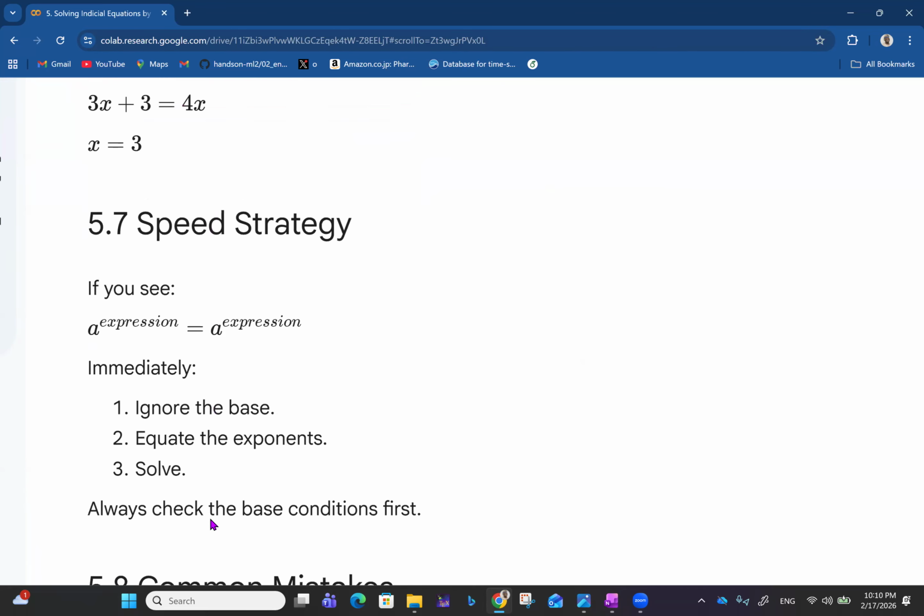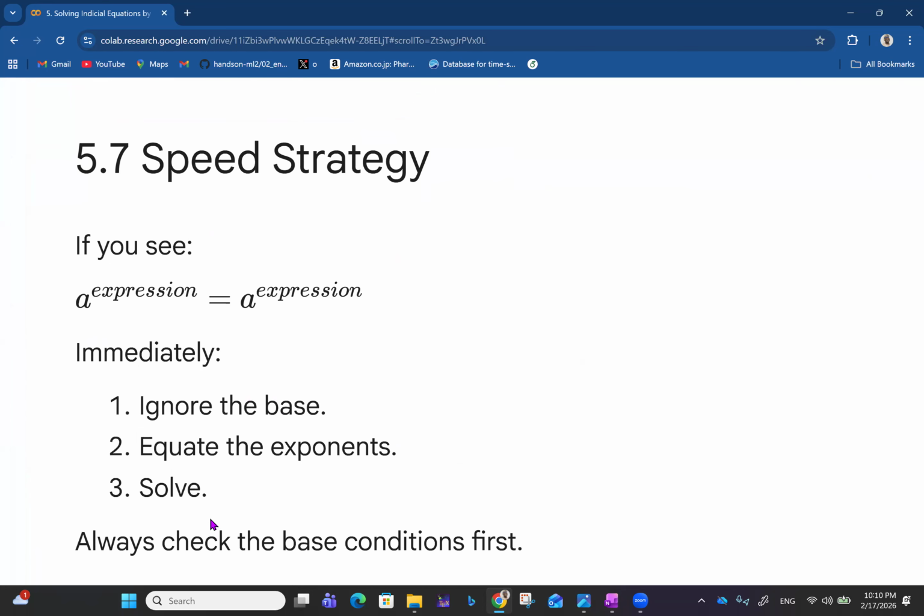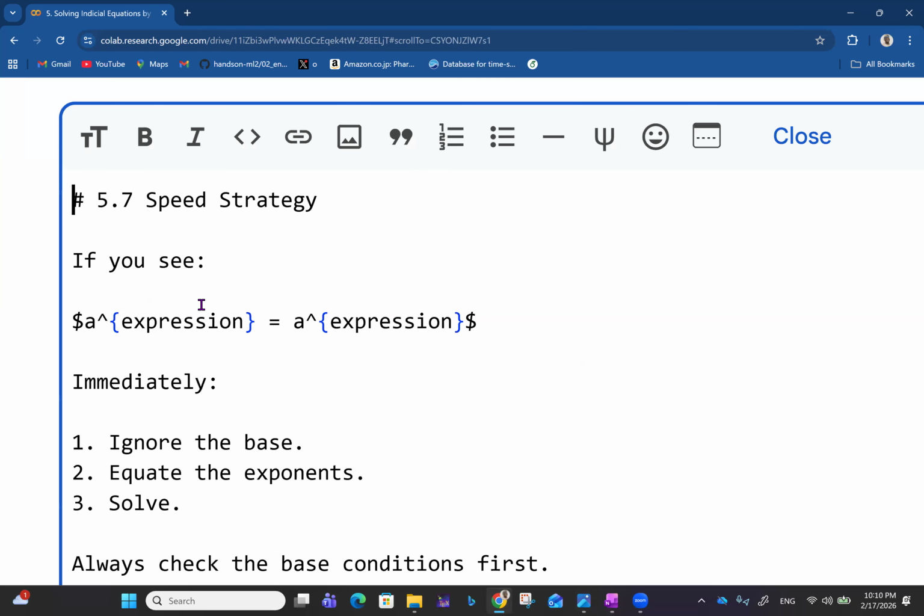So finally, we have a strategy for this: if you see a raised to power an expression and it is equal to a raised to power another expression, let's make this text.